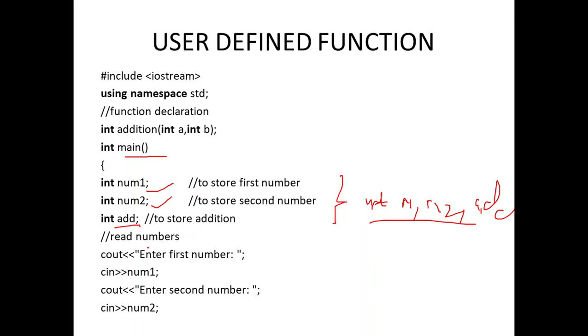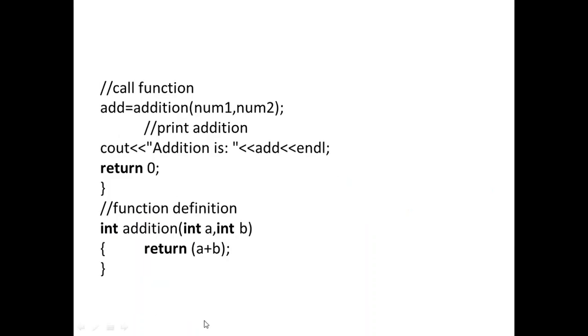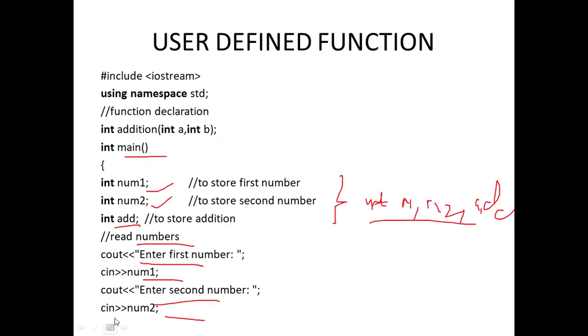And now we are going to read the numbers. That means in the output screen we will see enter the first number, cin num1, enter the second number, cin num2. Now, in the previous problem we would just write num1 plus num2.